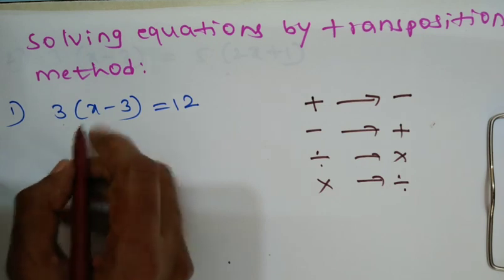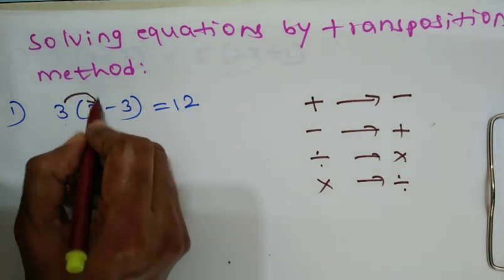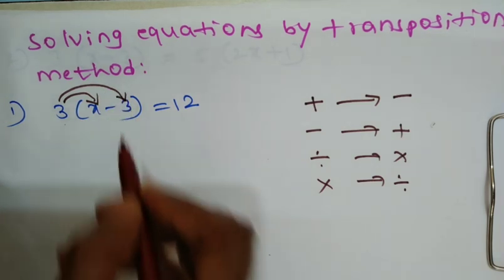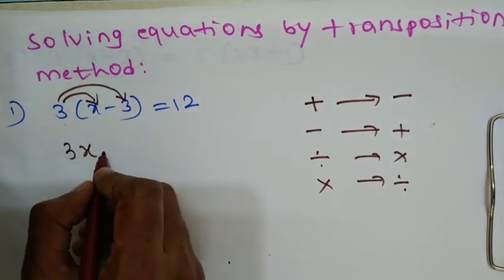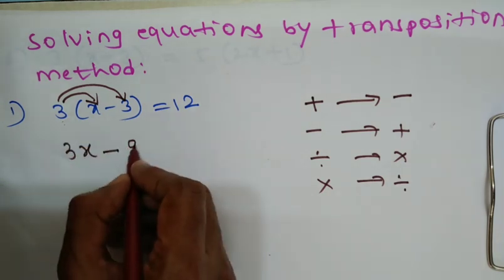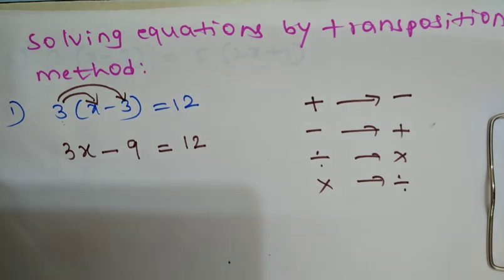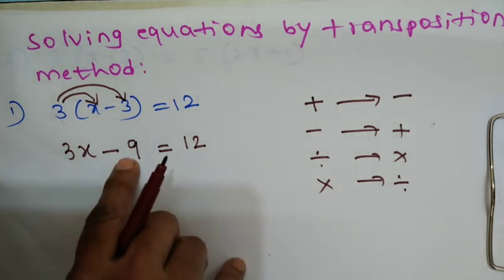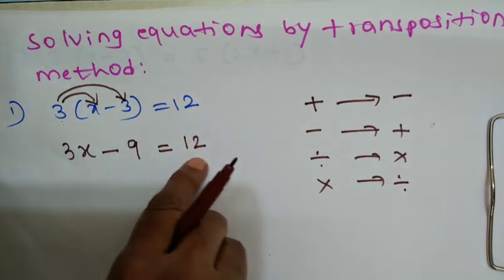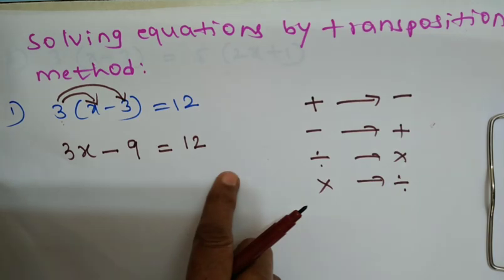Now you have to multiply both terms by 3. So 3 into x and then 3 into minus 3. So 3 into x is 3x. Now plus into minus, minus 3 threes are 9, is equal to 12. In the last questions, we had minus 9, so we added 9 to both sides and then simplified.